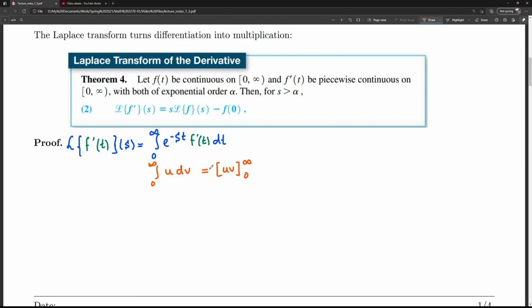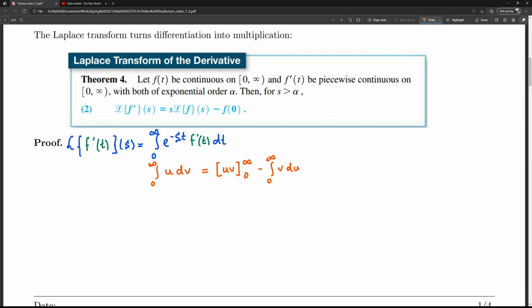I'm leaving off the limit as n goes to infinity here for convenience. And then minus the integral from 0 to infinity of v du.